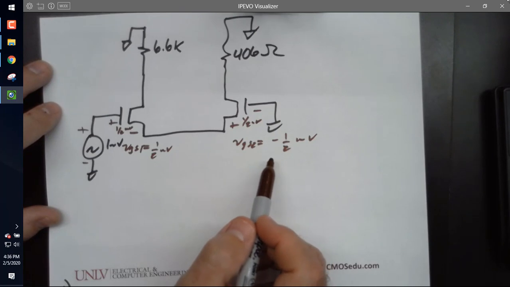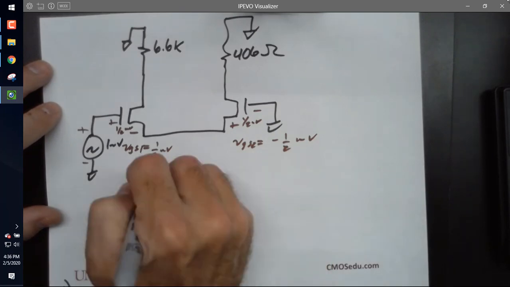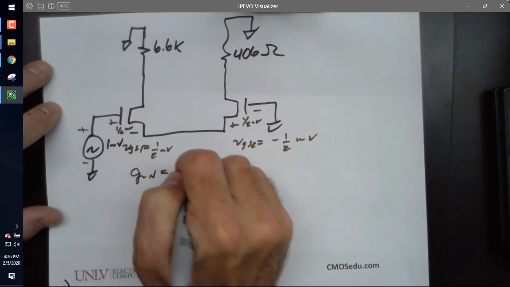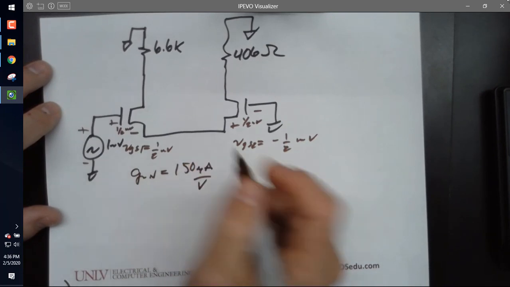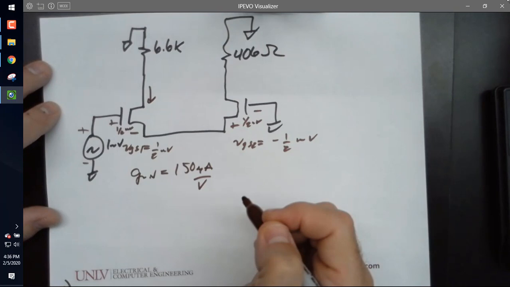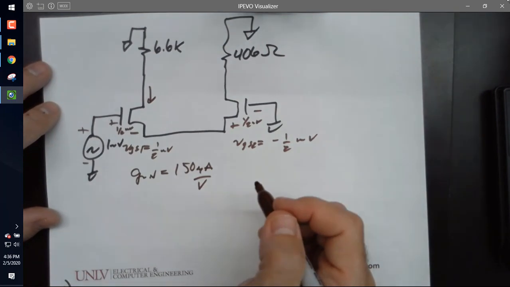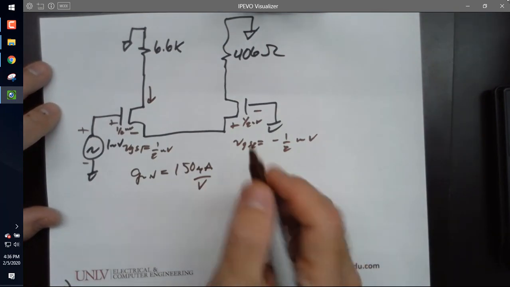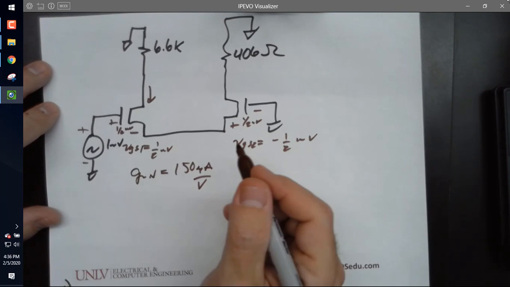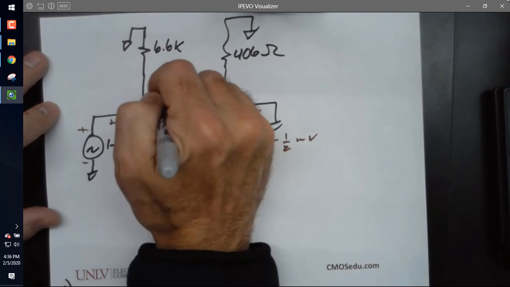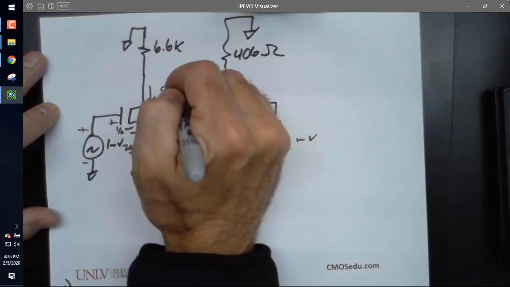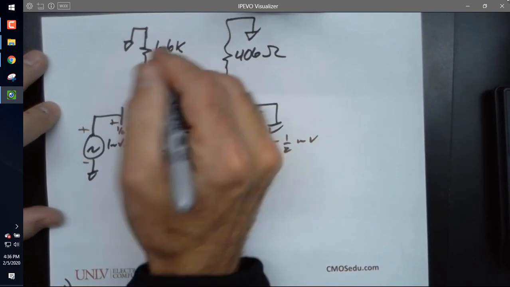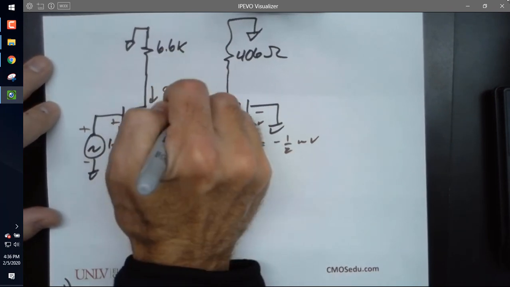So now, I write GMN equals 150 microamps per volt. What is the AC current that flows there? GM times VGS, or 1/2 millivolt, which gives me 75 nanoamps.